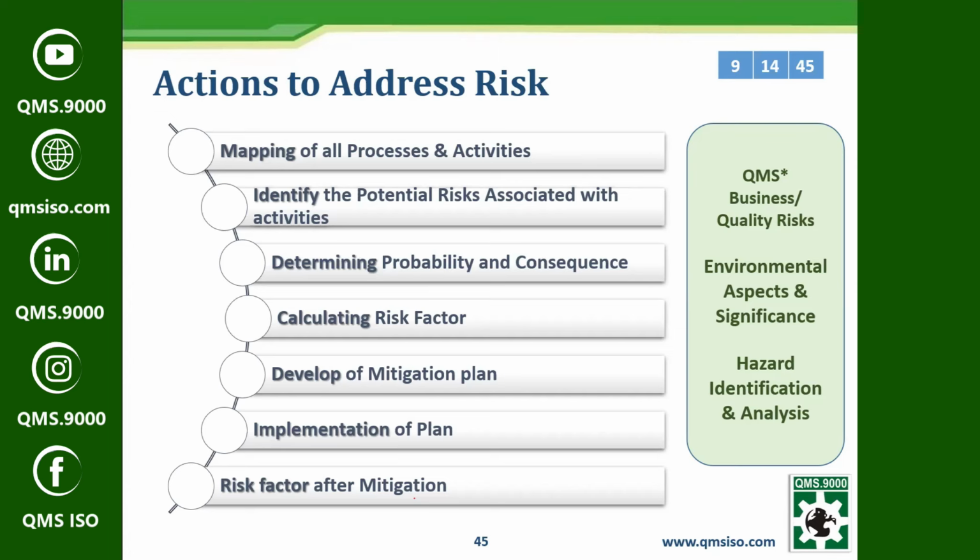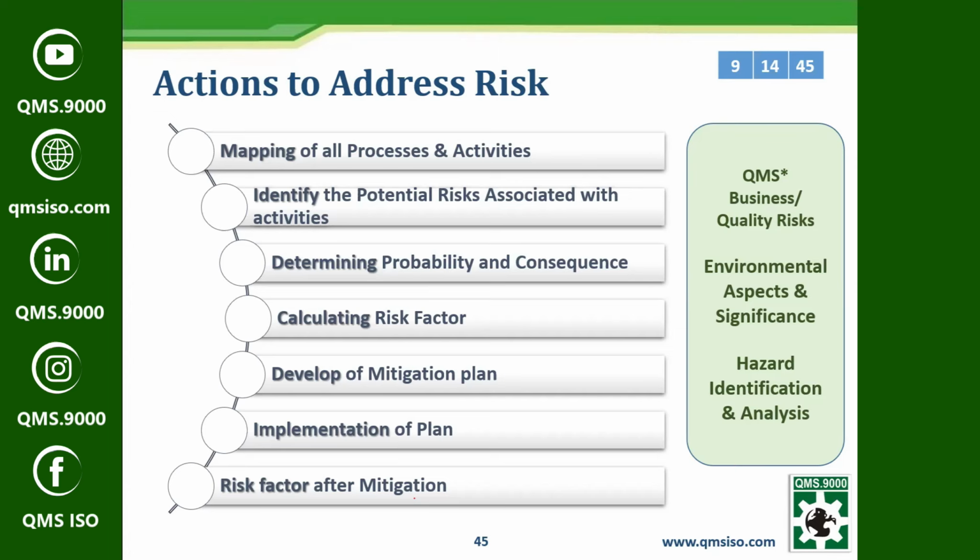Same process for quality, same process for environmental management, same process for hazard identification analysis, right? As you can see on the right-hand side. If we are talking of only ISO 9000, then you identify your business risks.